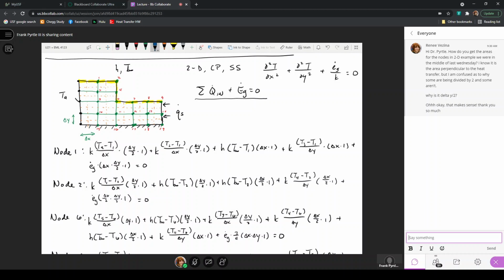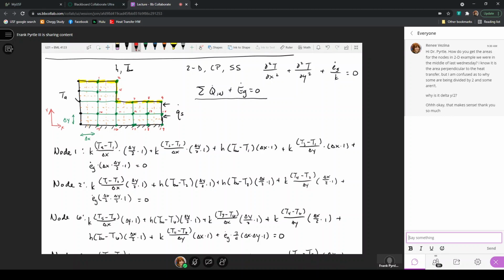Actually, because we're moving in the positive Y, let me draw my coordinate system here. This would be positive Y and positive X here. A temperature gradient is second position minus the first position. So this would be T1 minus T3 divided by delta Y, the temperature gradient at this surface in the object.